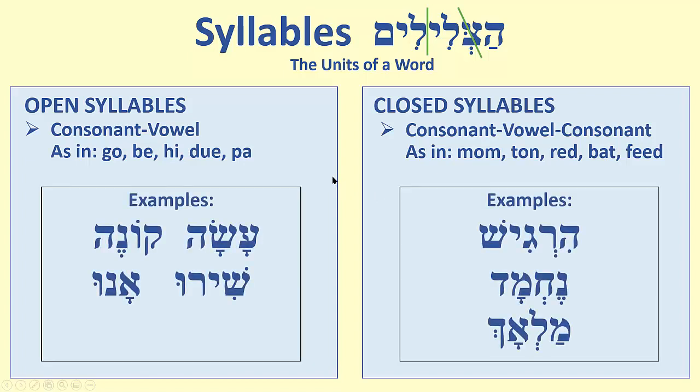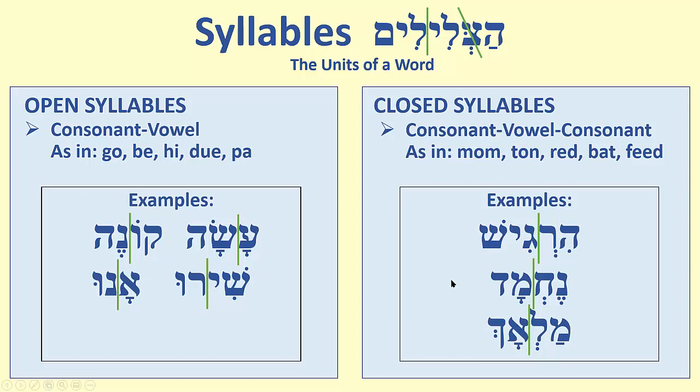Okay, so now that we know the difference between open and closed syllables, let's look at some examples. Over here on the left, we have words that have only open syllables in them. And on the right, we have words that have only closed syllables in them. Again, I'll apply these green lines to help you see where the syllable division is.